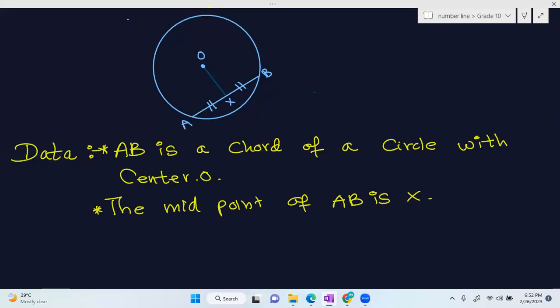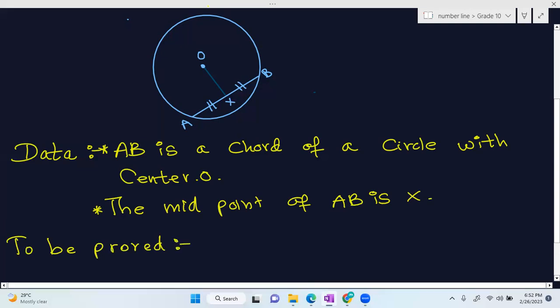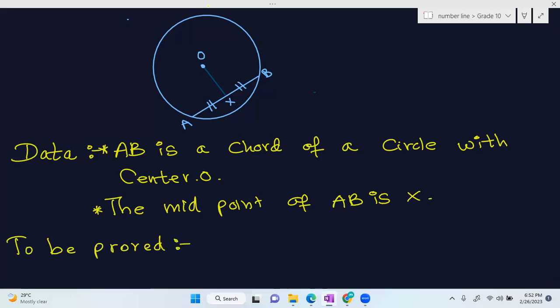Okay. Now to be proved, that means what we have to prove. Now we know that the theorem says the straight line segment which joins the midpoint of the chord of a circle to the center is perpendicular to the chord. So that means what we have to prove is OX is perpendicular to AB.